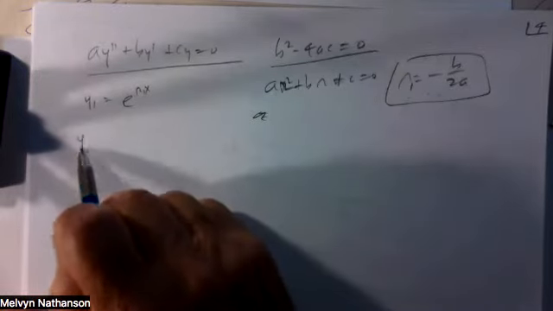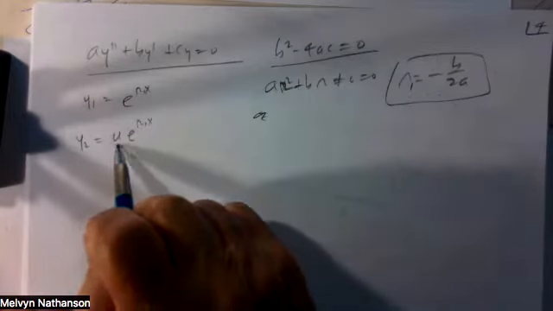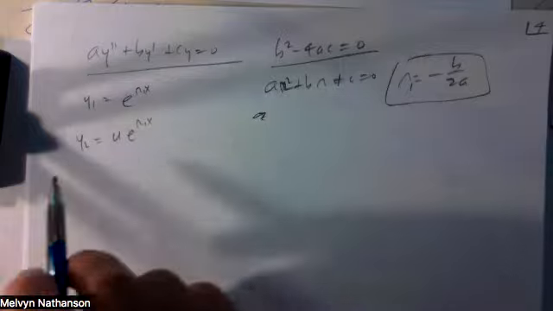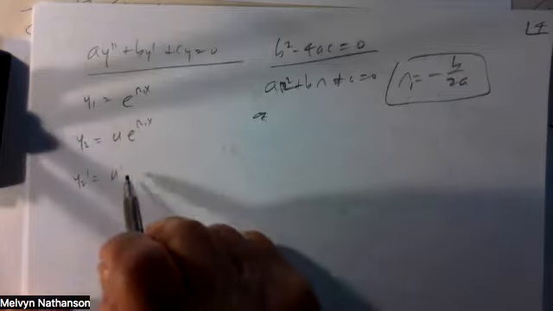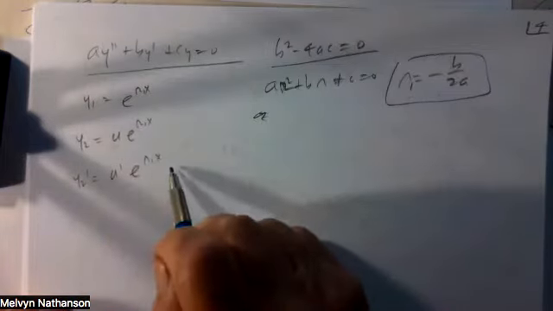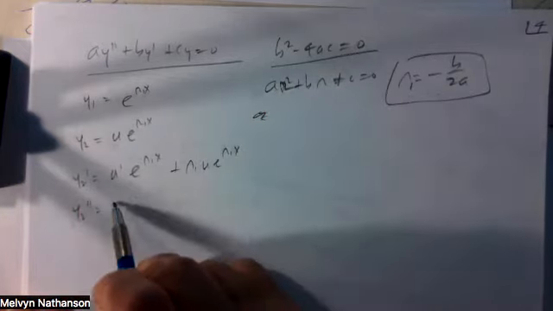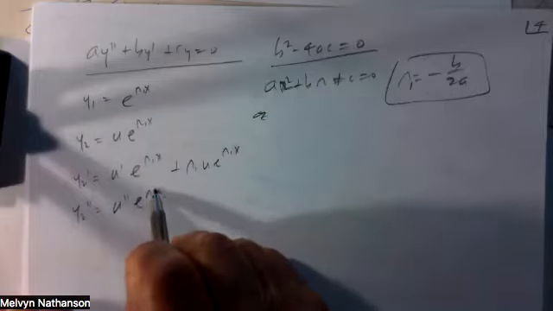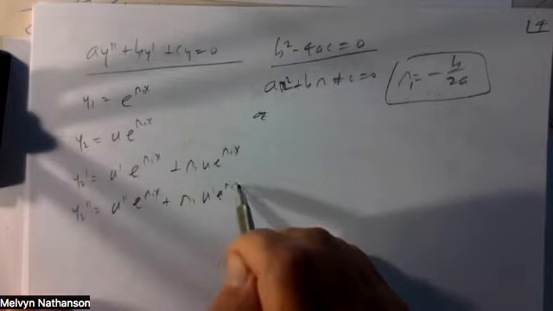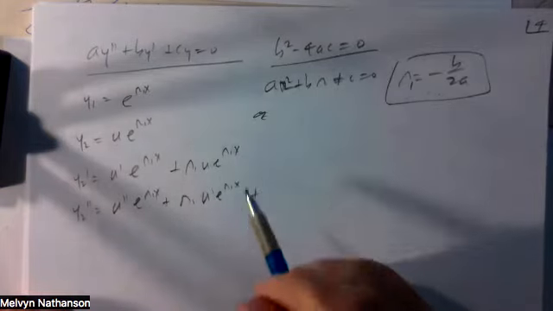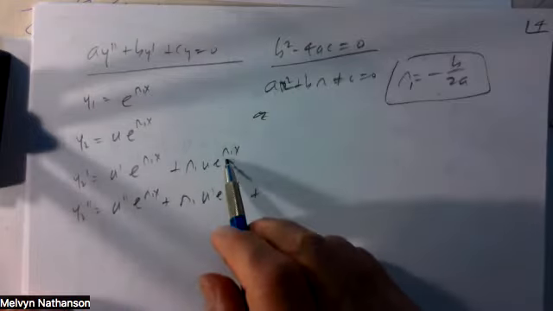And we want to look for another solution, y2, of the form u times e to the r1x for some u. And just as we did before, we differentiate y2. We get y2 prime is u prime e to the r1x plus r1 u e to the r1x. Y2 double prime is u double prime e to the r1x plus r1 u prime e to the r1x plus, when we differentiate this, we get r1 u prime e to the r1x.